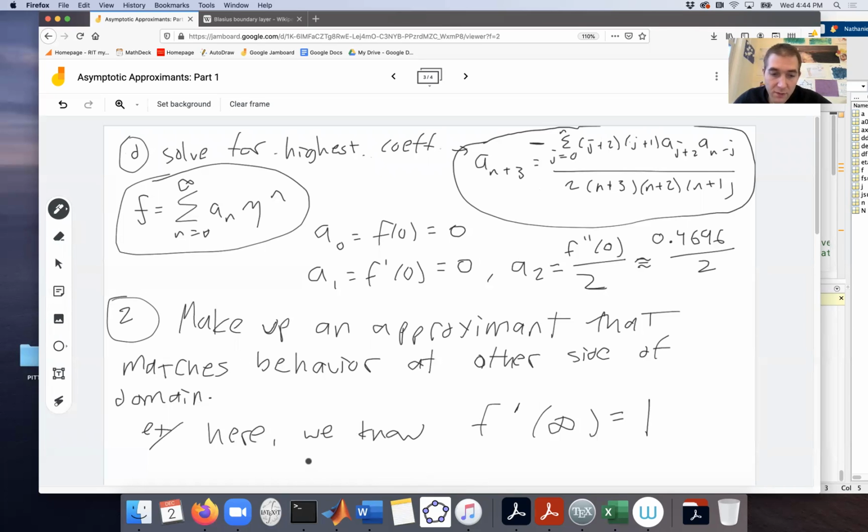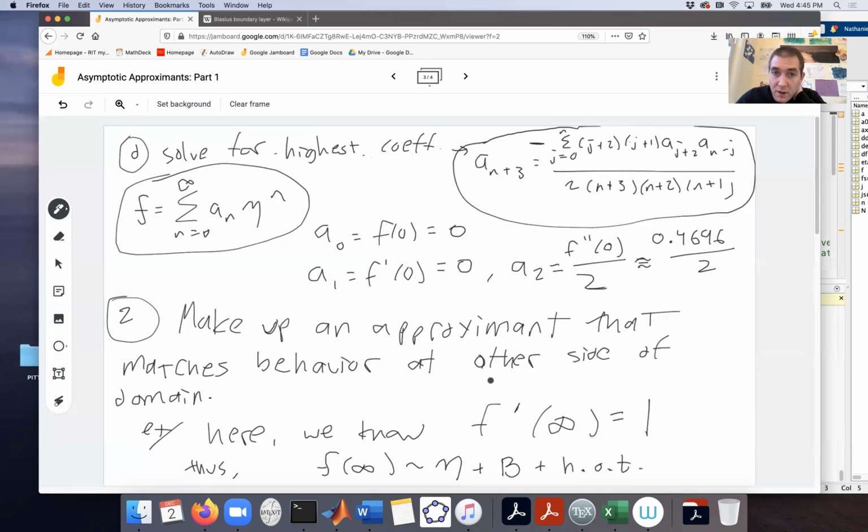If it goes to 1, we know then that f at infinity goes like eta, and it was actually found that this is plus a constant. We can come back to that later, plus higher order terms that decay.